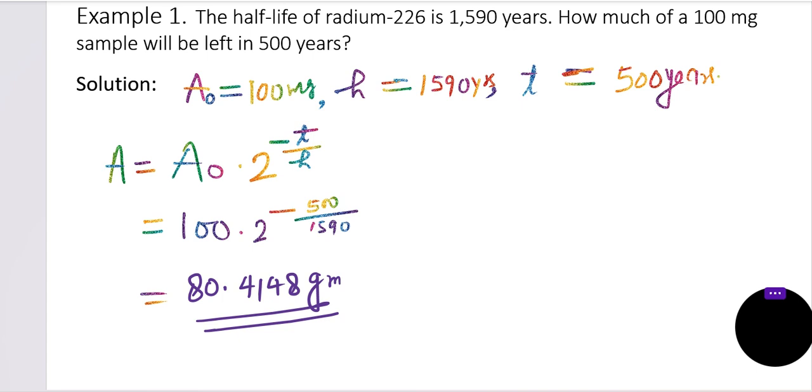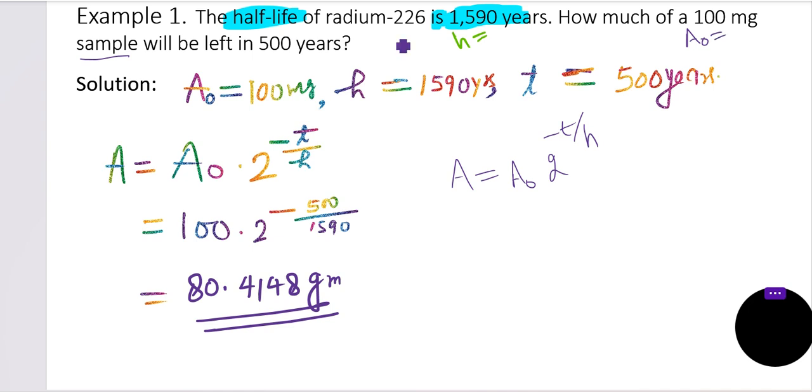So this is the first example. Here we see the half-life is given in the question, so immediately the rule will be A is A naught 2 power minus t over h. The half-life is 1590, so this is the given h value. A 100 gram sample at the beginning, so this is A naught.